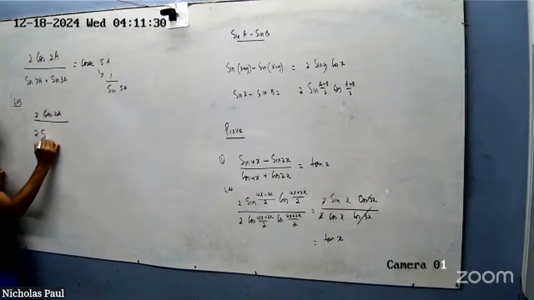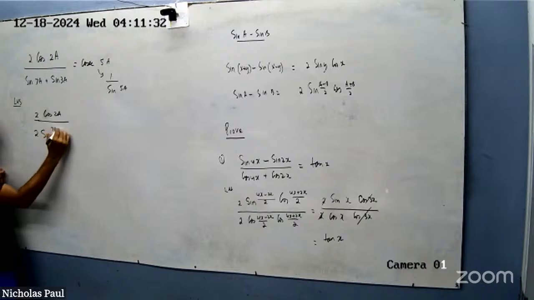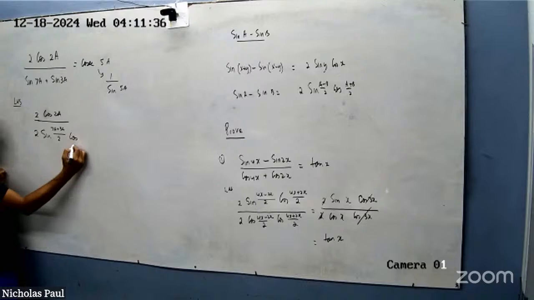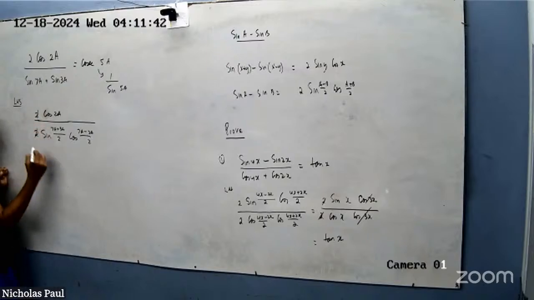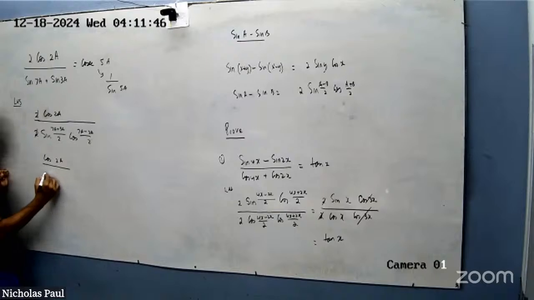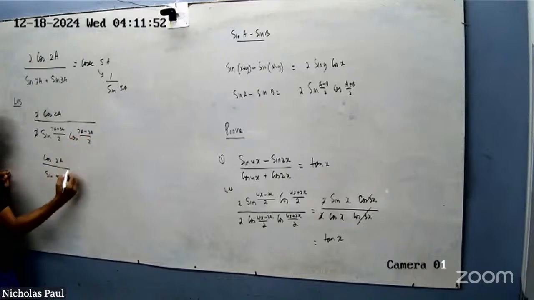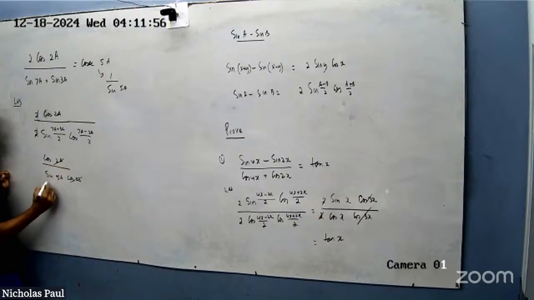This will be 2 sine (7A plus 3A on 2) cos (7A minus 3A on 2). The two cancel. You will still have cos 2A on top, and underneath you will have 10 over 2, which is 5A. Really easy. And this will cancel. You will get 1 on this.